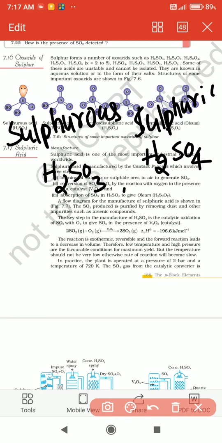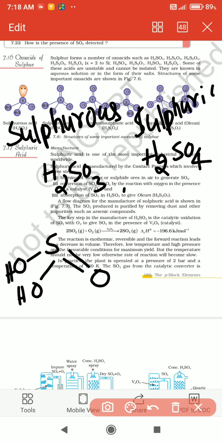In H2SO3 there are 2 hydrogen atoms, 1 sulfur and 3 oxygen atoms. The 2 hydrogen atoms are present as 2 OH groups attached. With only 3 oxygen atoms and 2 already used in the OH groups, the remaining one is a double bond O. There is 1 lone pair of electrons on top of the sulfur.